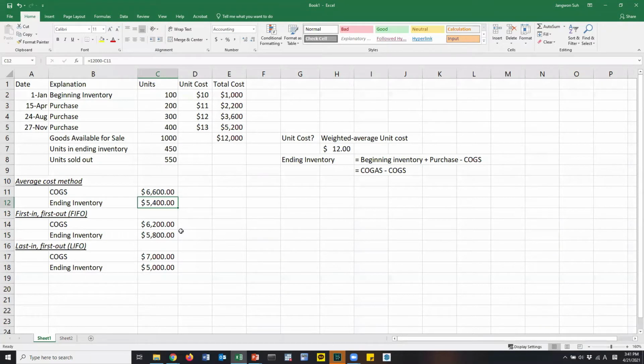What's the end result? What's the impact on these results? Cost of goods sold, where do you see it? You see cost of goods sold in the income statement, right?